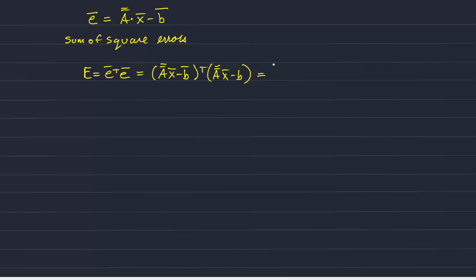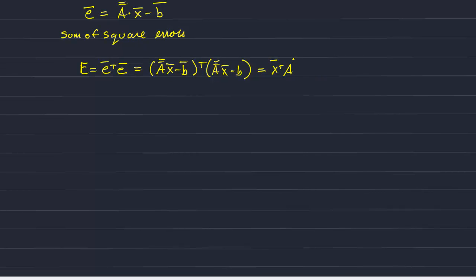And then we can apply some matrix algebra, linear algebra, so to speak, and that becomes X transpose A transpose AX.